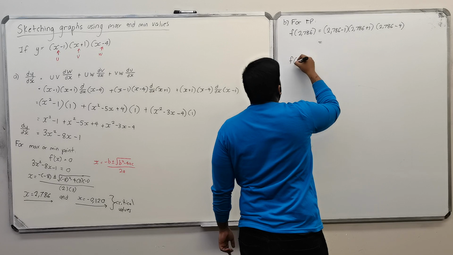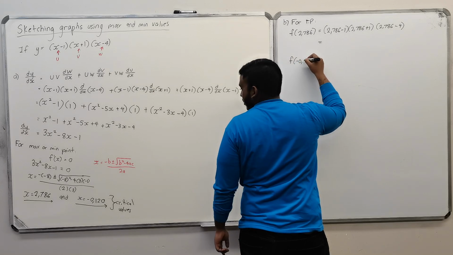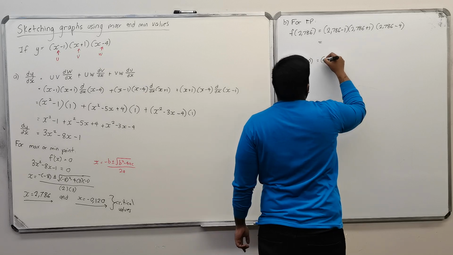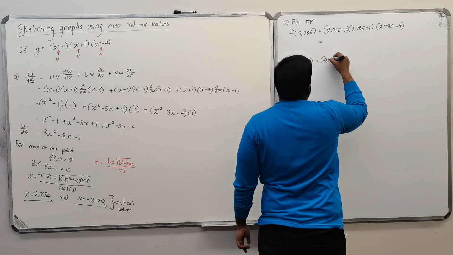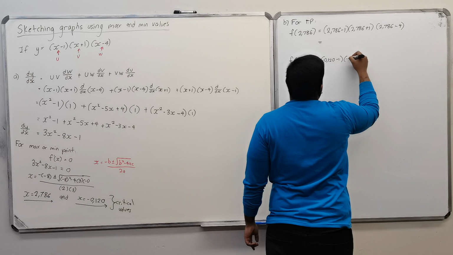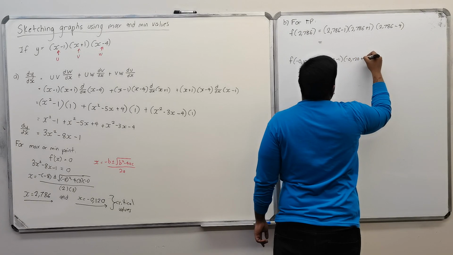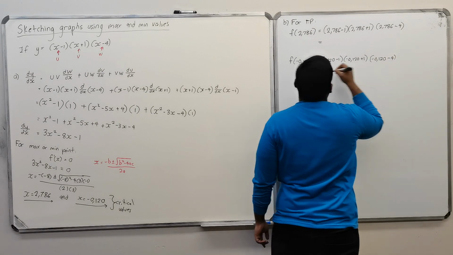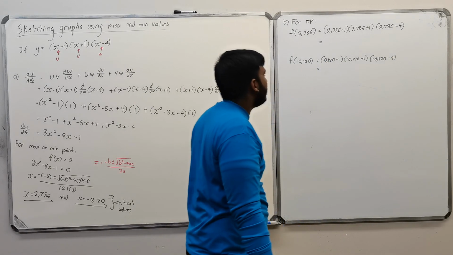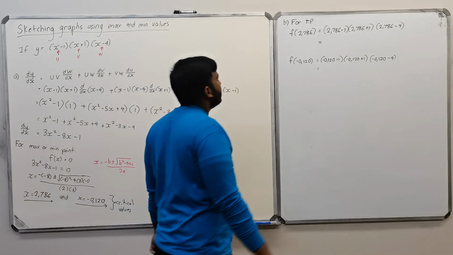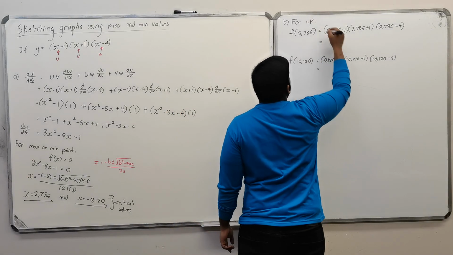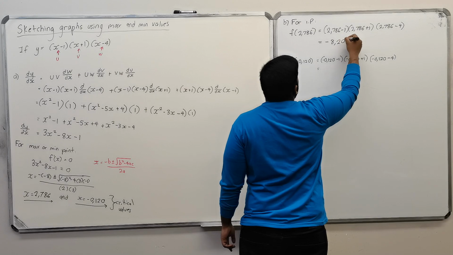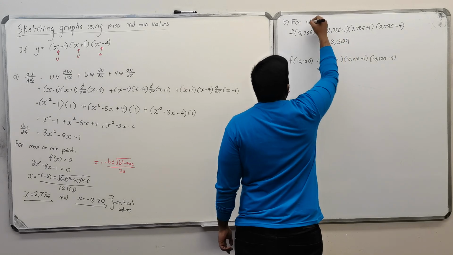And then here you're going to say f of minus 0.120 equal to, this one is minus 8.209. Okay, and yeah.